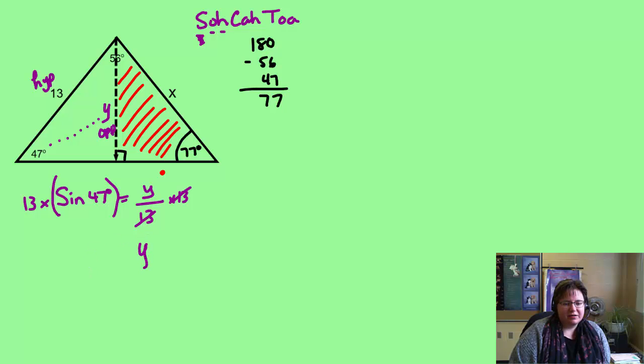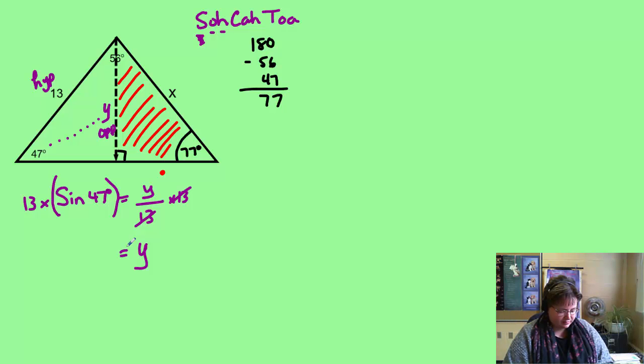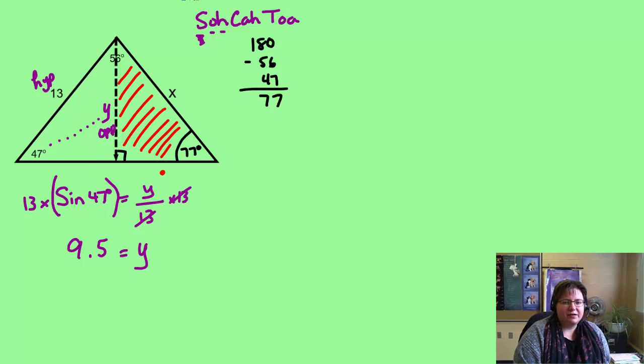So now I'm going to use my calculator and go 13 times the sine of 47, and I get 9.507, so 9.5. So I can go up to my triangle now and write that in, 9.5, because we found it.